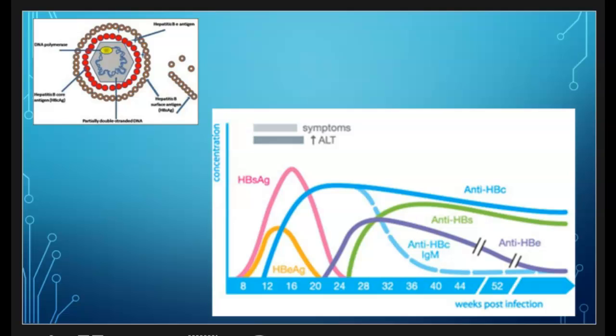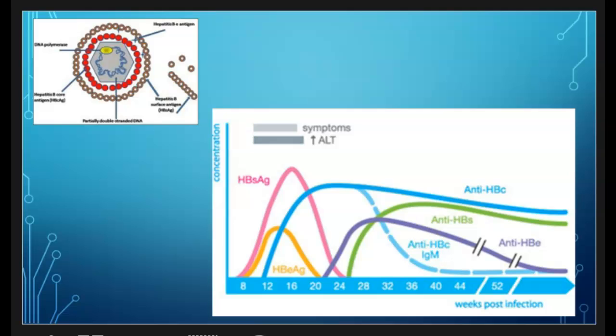It's the first marker to appear at 2 to 10 weeks post-exposure and becomes undetectable by 4 to 6 months after symptoms. If the hepatitis B surface antigen is detected or positive, that means you have an active infection. So the antigen present always means active infection.